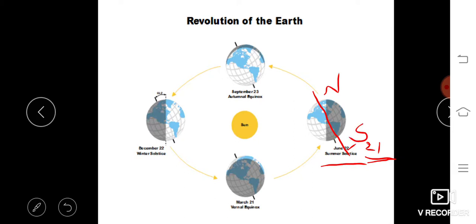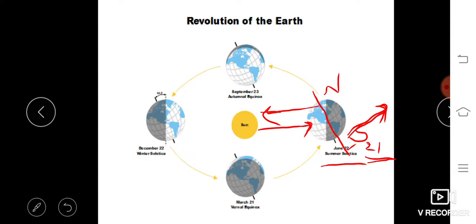On this day, on 21st June, the north pole is tilted towards the sun, means it is inclined to the sun. And the south pole is tilted away from the sun. On that day, the direct sun rays fall on Tropic of Cancer.